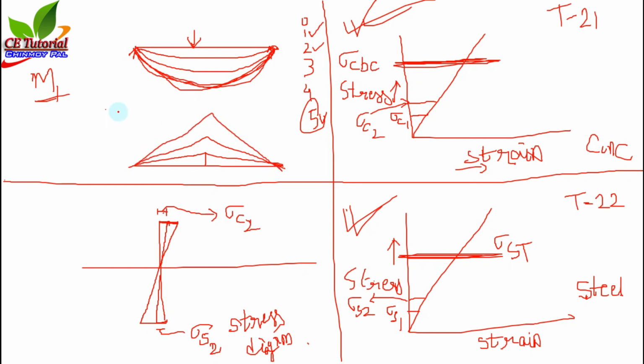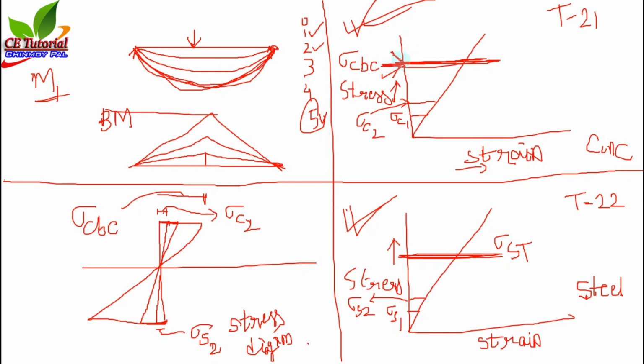At that time concrete develops its maximum stress sigma CBC and steel develops its maximum stress sigma ST. Okay, that means concrete reaches its ultimate stress. This is the stress line in y direction in the stress strain curve of concrete.